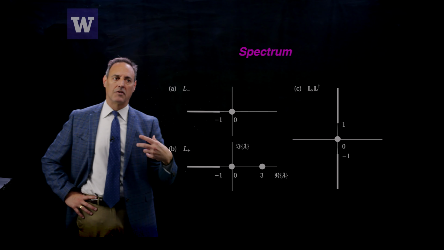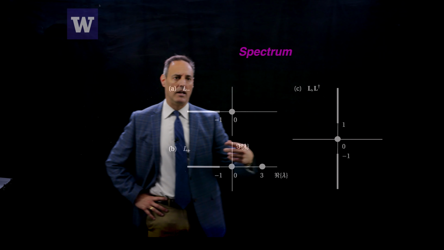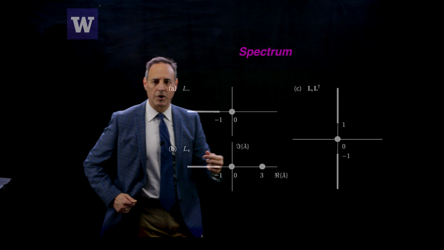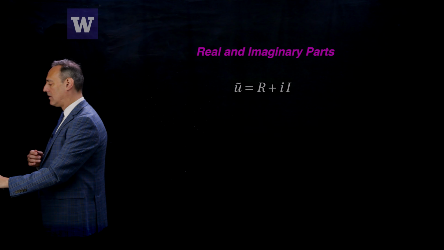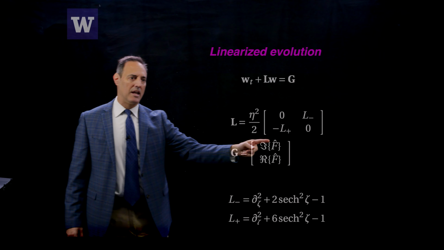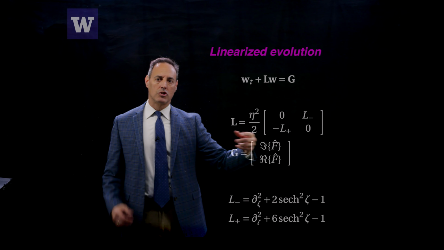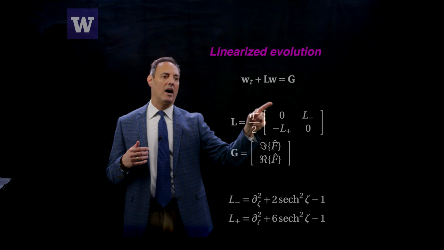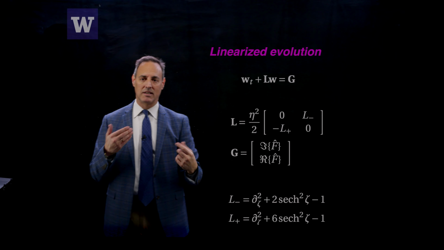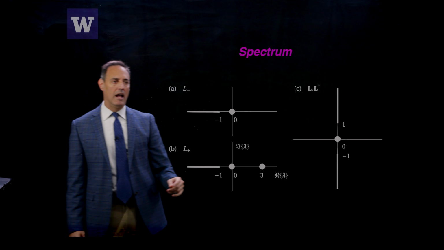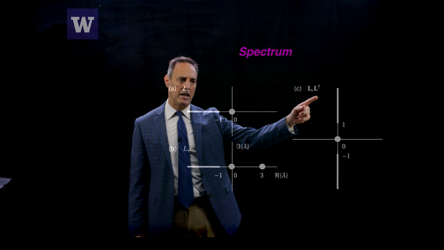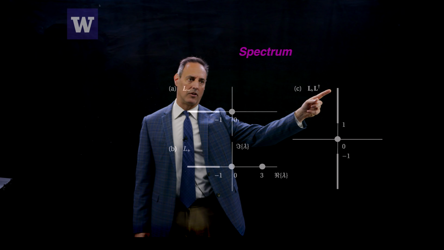And then when I look at the operator L, remember, L is this vector here. So it has the L plus L minus in it. So I want to start considering what are the eigenvalues of this. So it's not L minus and L plus by itself, but it's this combination. Then L and its adjoint both have a spectrum that looks like this.